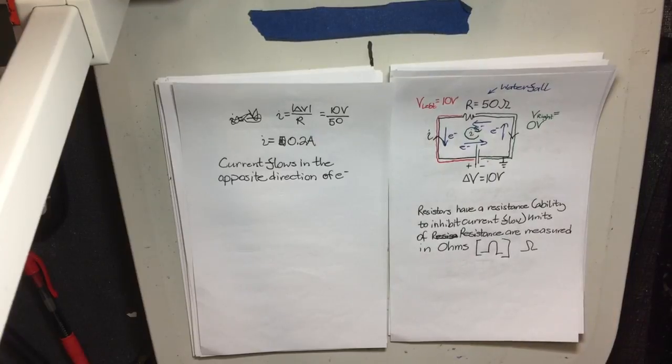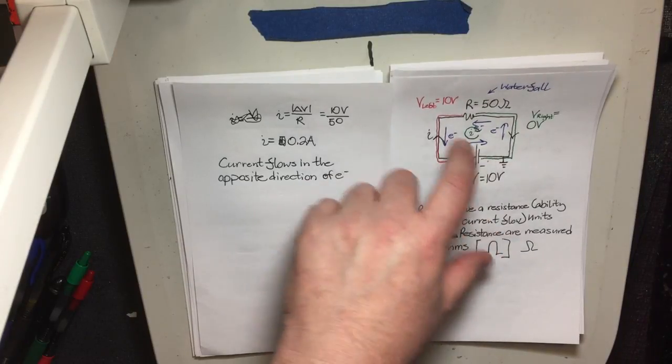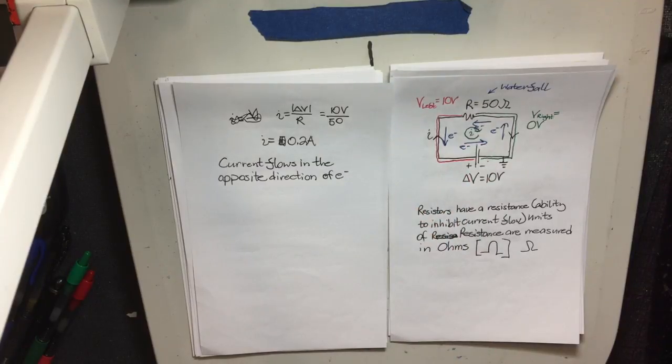This is mostly an artifact of back when they were doing research on electrons and protons and figuring out how current flows. They were convinced that it was the positive charges that were flowing, and so they set it up so that current was the flow of the positive charge. But then they realized it was actually the electron that was moving. And then they just said, let it be known, current is in the opposite direction of the electron flow.